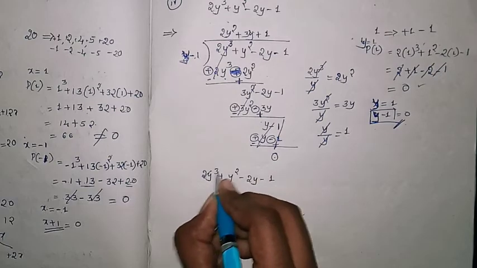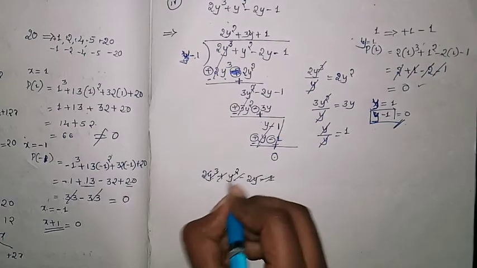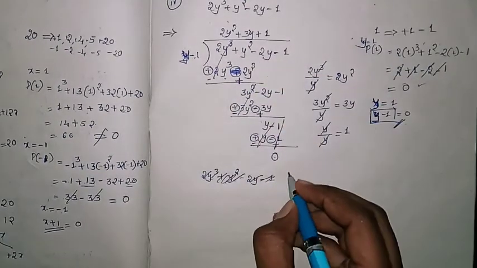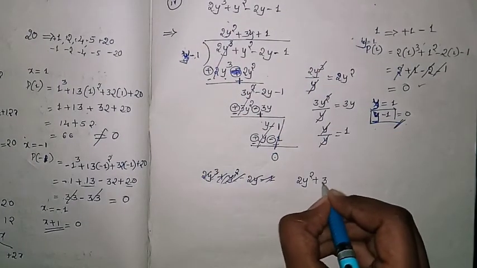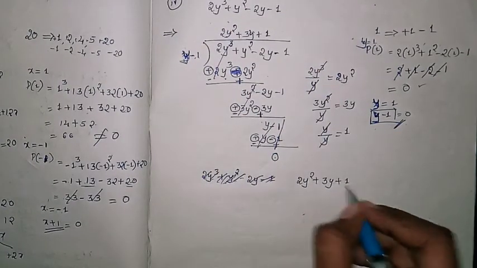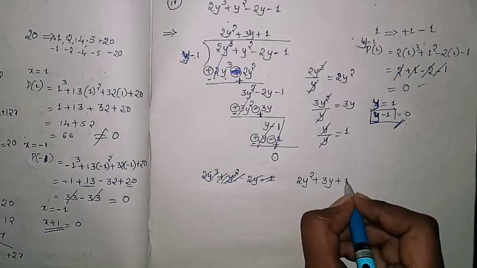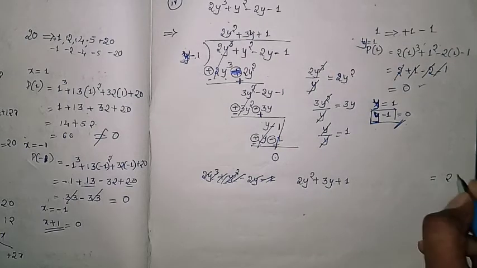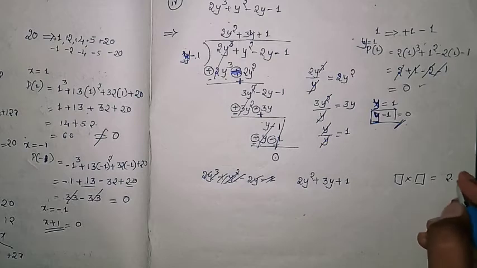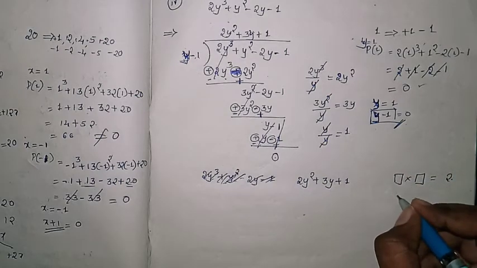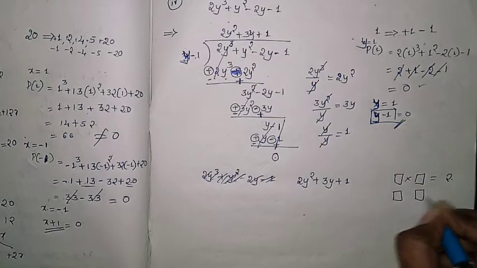Sorry, why I wrote the whole equation. So consider this quadratic equation, 2y square plus 3y plus 1. So now observe the terms, 2 into 1. So that is equal to 2 you should get. Multiplying the terms you should get 2, and the middle term you should get by adding or subtracting.